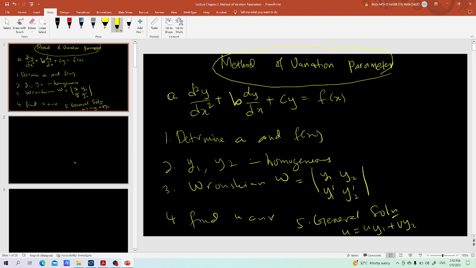Okay, for example, we take one example: y double prime minus y prime minus 6y equals e 3x. So first of all, we need to determine the a.